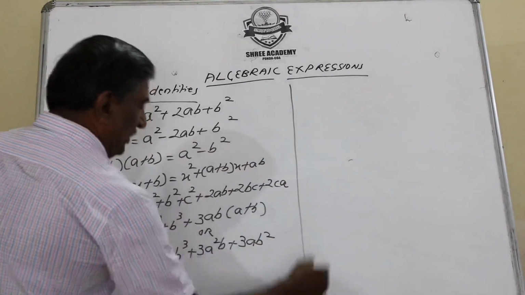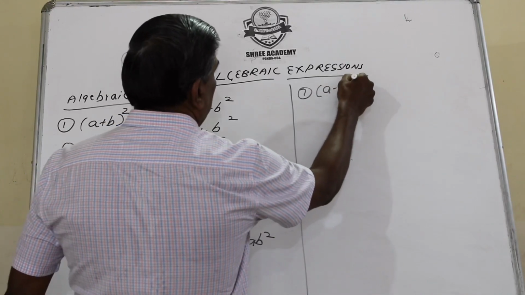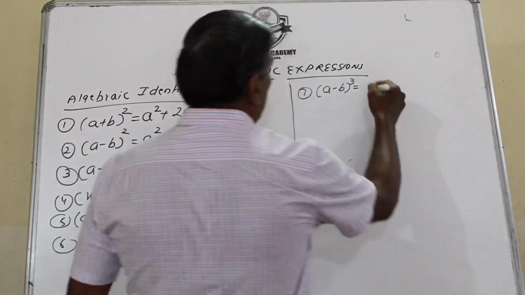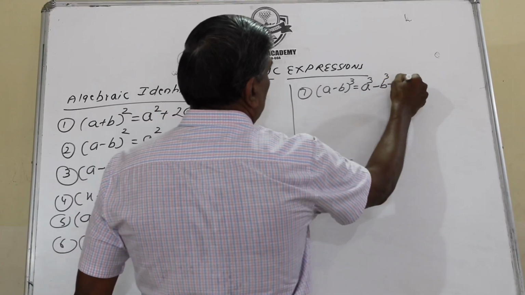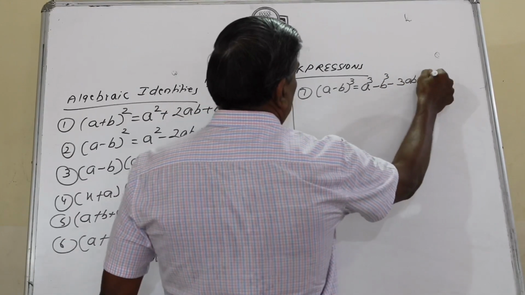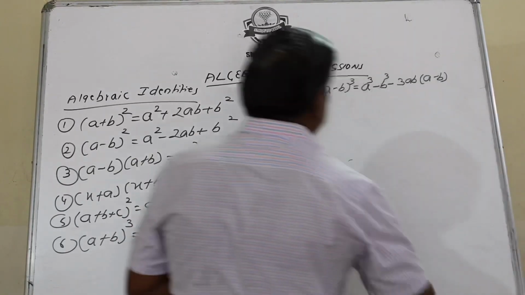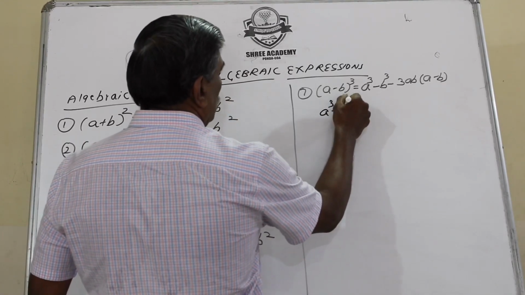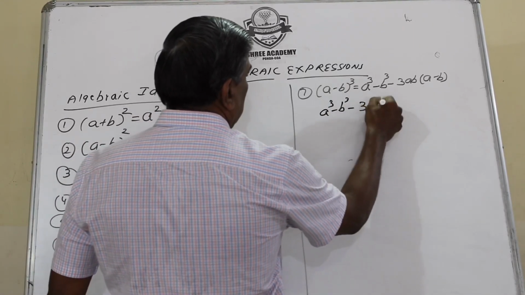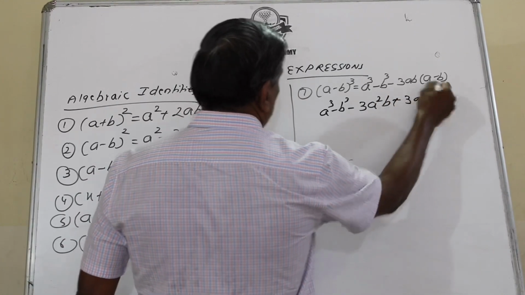The next one is the seventh one. Similarly, we will be having a minus b the whole cube. This is a cube minus b cube minus 3ab into a minus b. This can be written as a cube minus b cube minus 3a square b plus 3ab square.